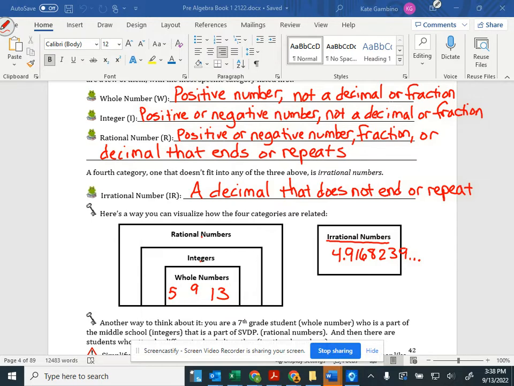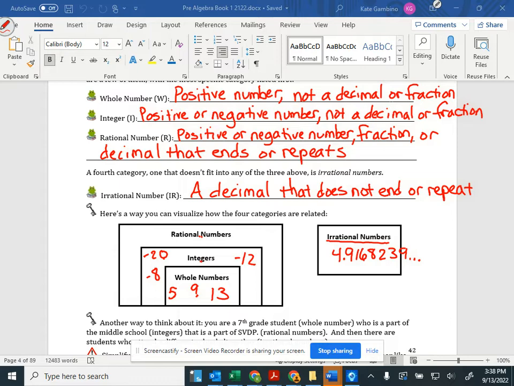An integer can be the positive numbers, and it could also be negative numbers. So if it's just positive numbers, it's a whole number, which is also an integer, also a rational number. Integers are those positive numbers and negative numbers. There are no fractions and no decimals.